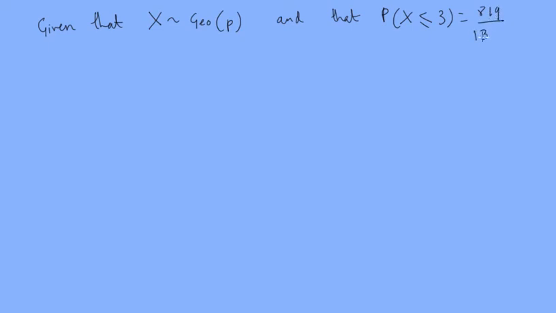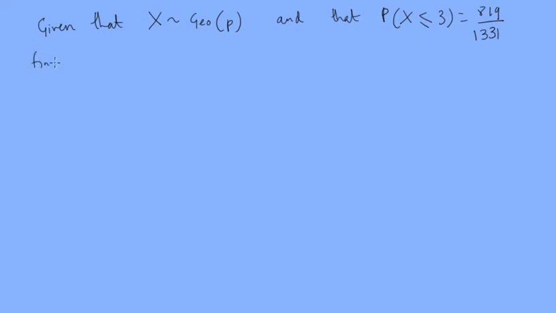Let's do one more. Given that x is a geometric distribution with probability p, and that the probability that x is less than or equal to 3 is equal to 819 over 1331.